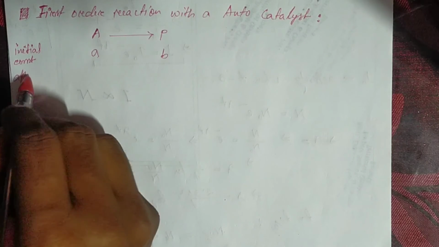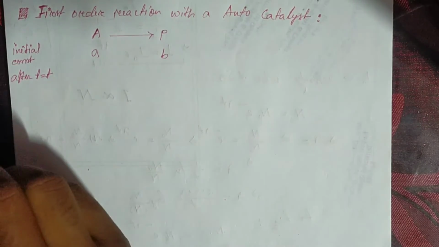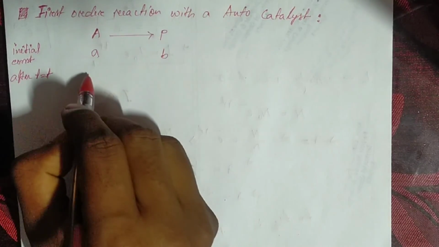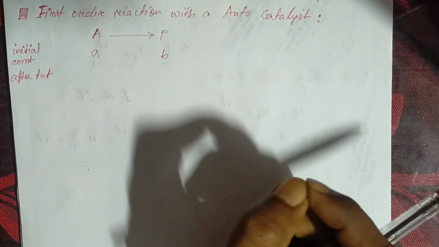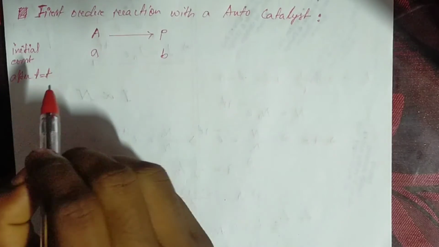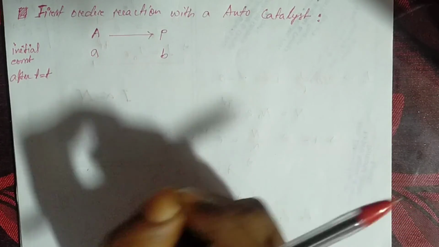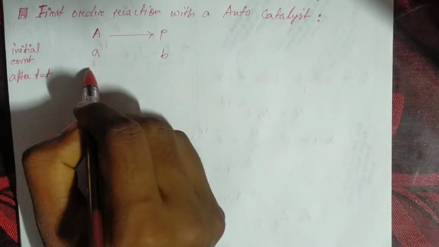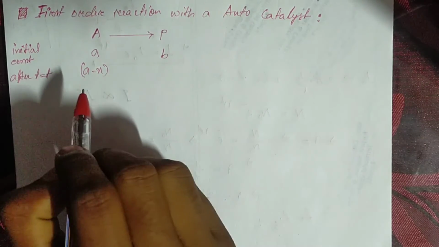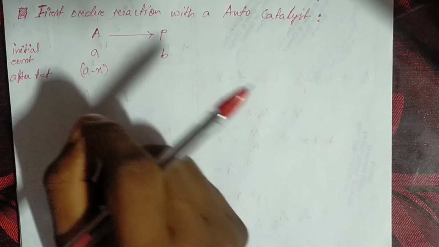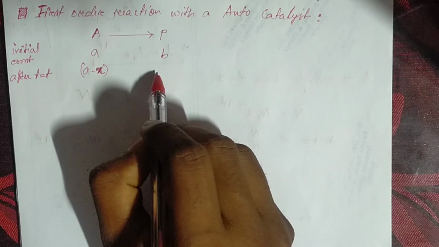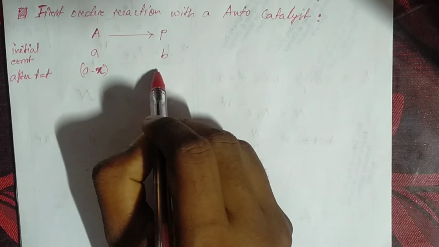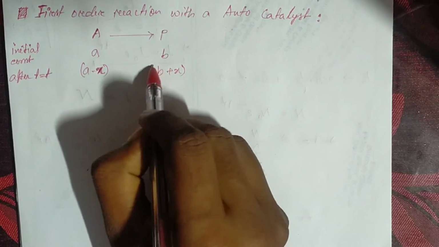So after time t, some amount of reactant will be converted to product. Suppose that product amount is x, then only a minus x amount remains as reactant, and this x amount is converted to product, so it will be b plus x.